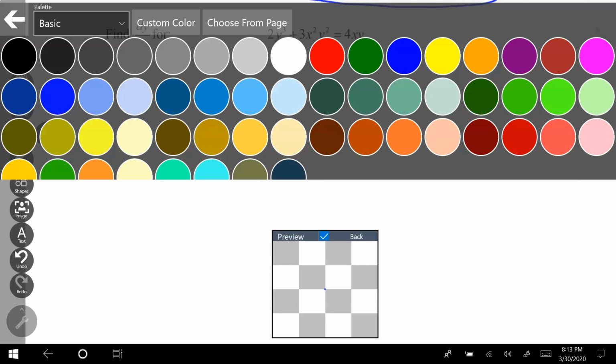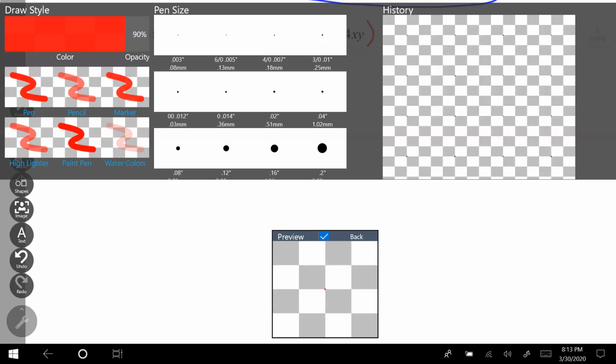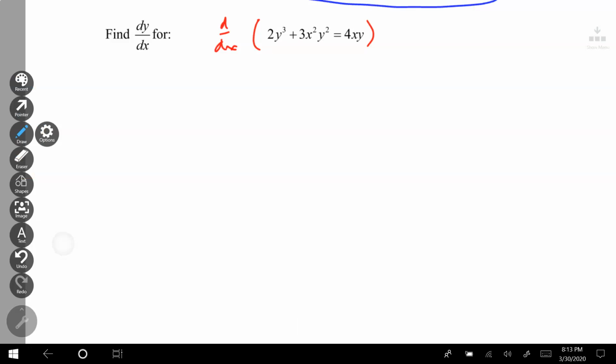Again, I want to take my ddx of this, define as derivative. And this is going to be a little bit more difficult, because if you notice in this problem, I have a couple of product rules. One here and one here.